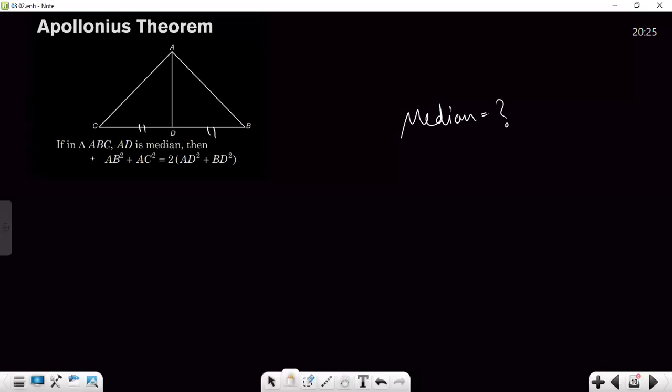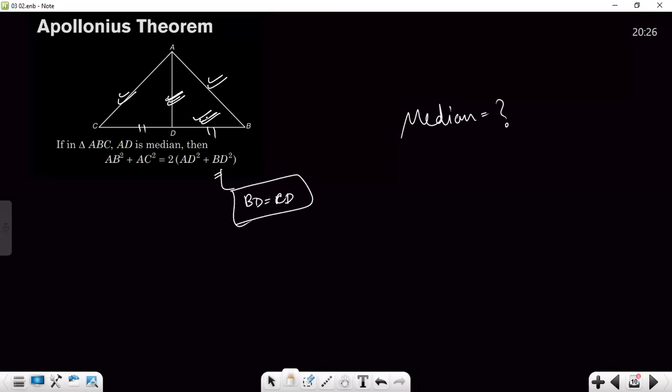So if in a triangle ABC, AD is median, then simple. AB square plus AC square is equal to twice of AD square plus BD square. And you can also write CD here because BD and CD are just equal. Doesn't matter.